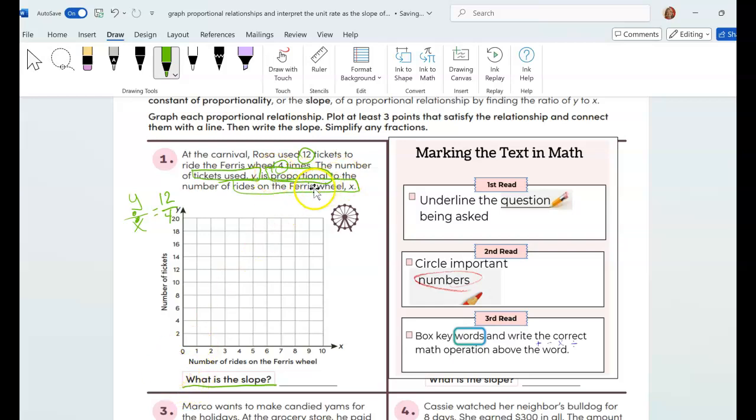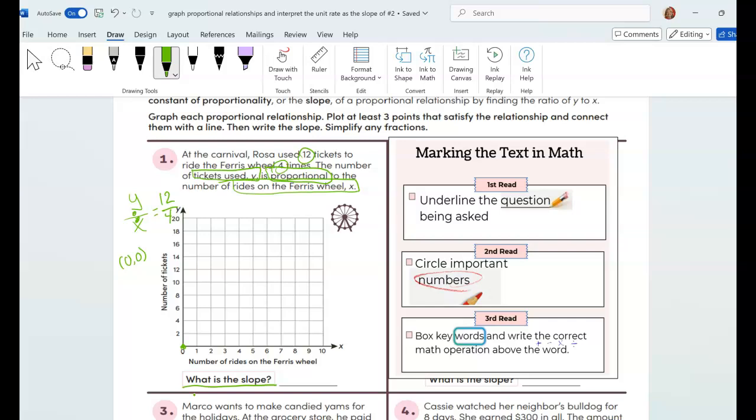It's also proportional, which means that the line goes through the point of origin, 0, 0. Our line does. But we have 12 tickets and 4 times.